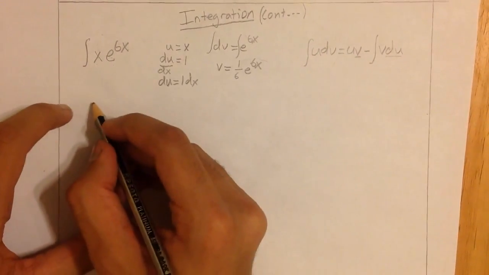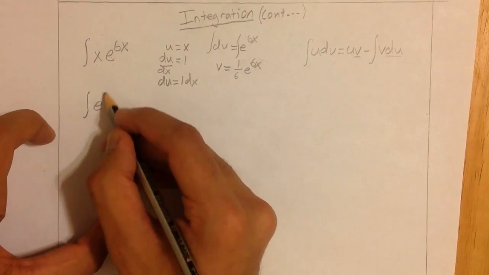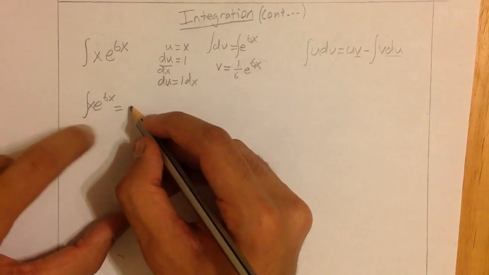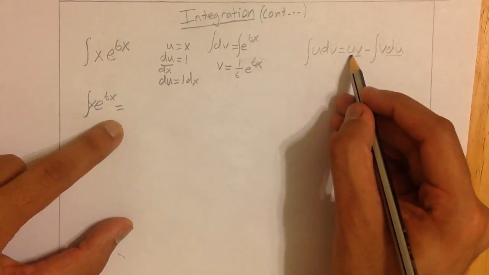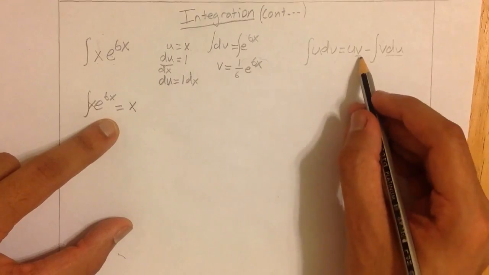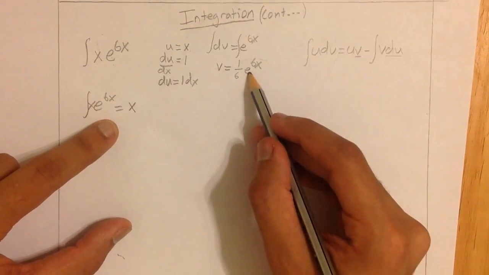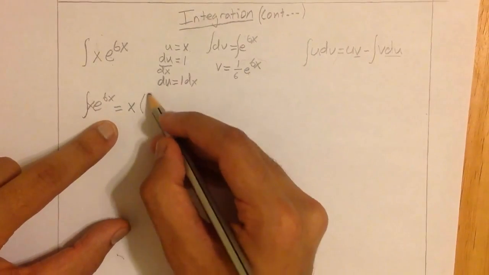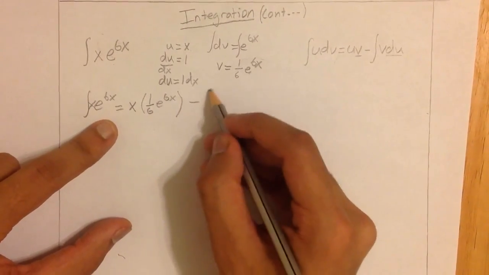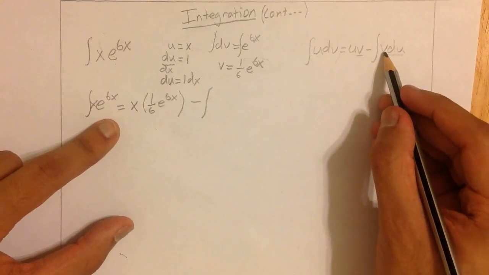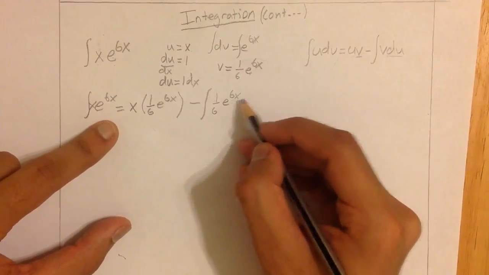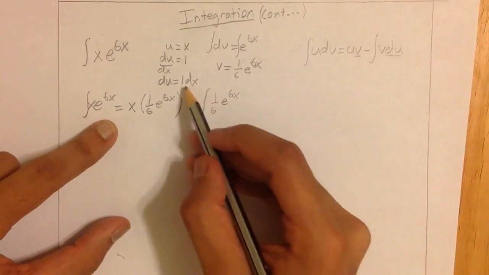So we can say that the integral of x e to the 6x is equal to u, which we established as x, times v, which we established as 1/6 e to the 6x, minus the integral of v, which is 1/6 e to the 6x, times du, which is simply 1.